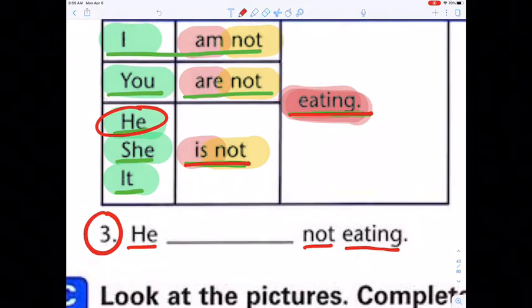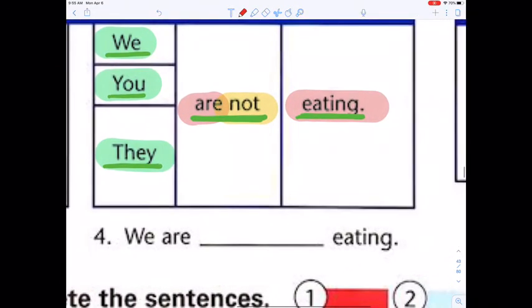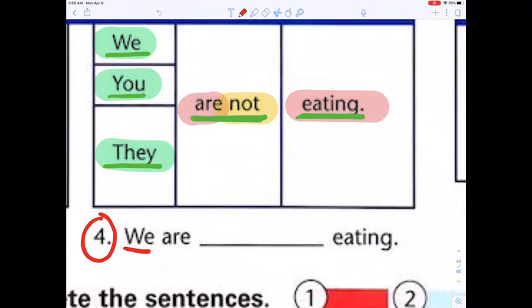Okay, he is not eating. Let's take a look at the next sentence. Number 4. We are eating. We are not eating.